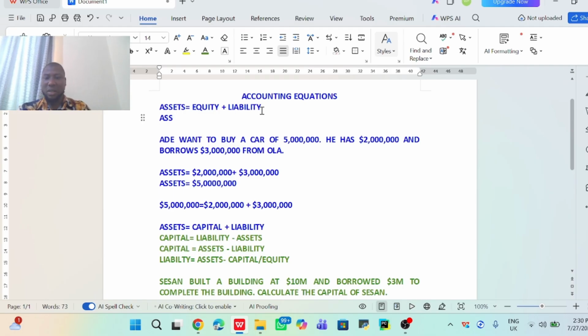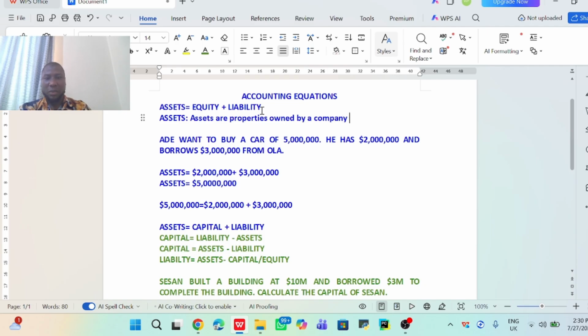Here we have asset. What is an asset? We can say assets are properties owned by a company or an entity.